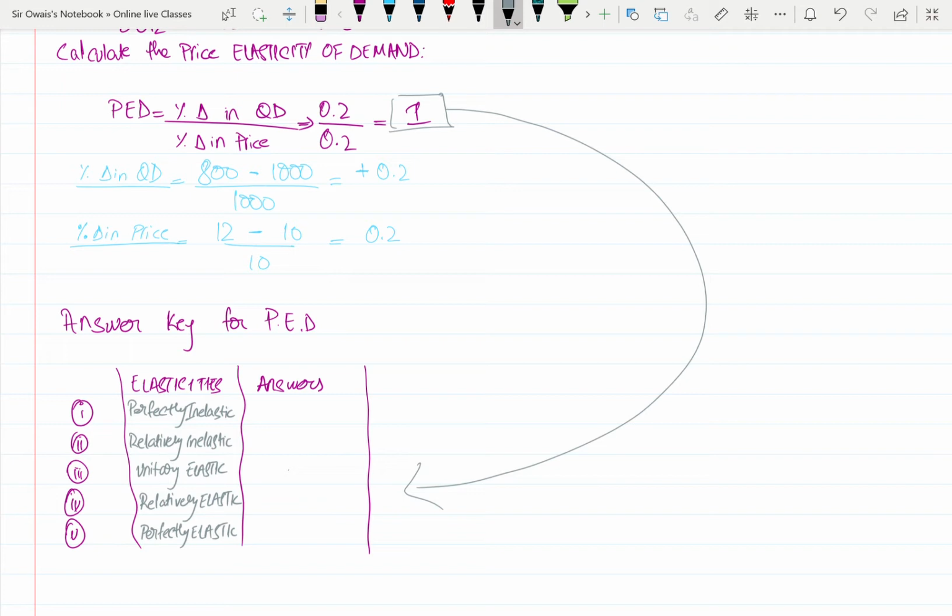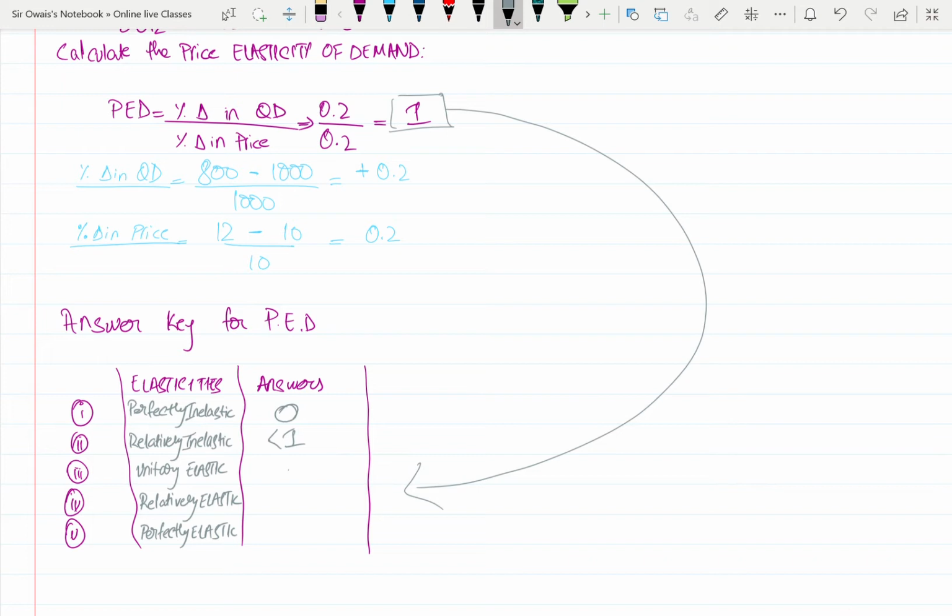By using the above formula, if your answer comes zero, that elasticity would be known as perfectly inelastic. If your answer is lesser than 1, let's say 0.25, 0.1, 0.625, that would be relatively inelastic.